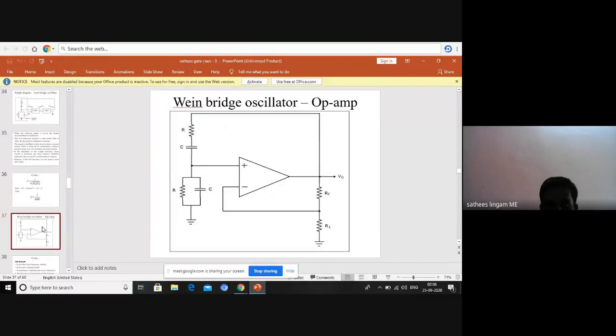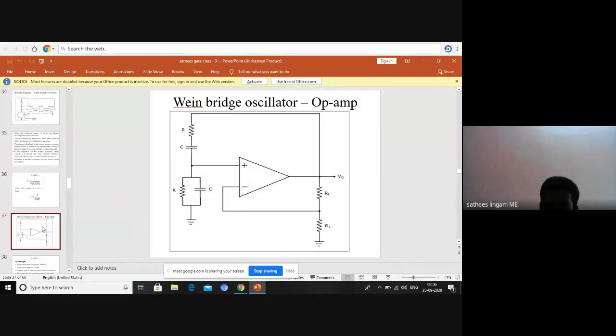In the Wien bridge oscillator, everything is done by transistor circuitry, which is used for amplification.